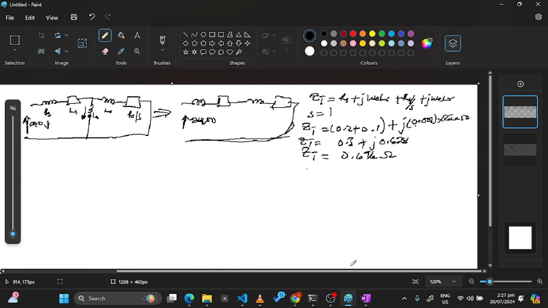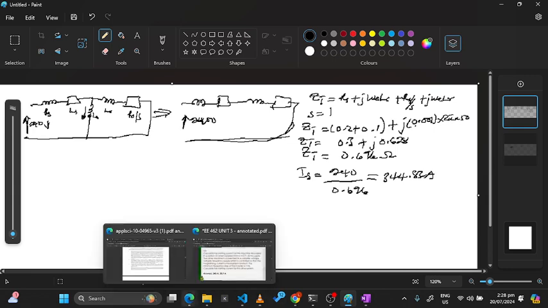So your starting current Is should be equal to 240 divided by 0.696, and this should give you 344.83 amperes. So this solves the first part of the question.